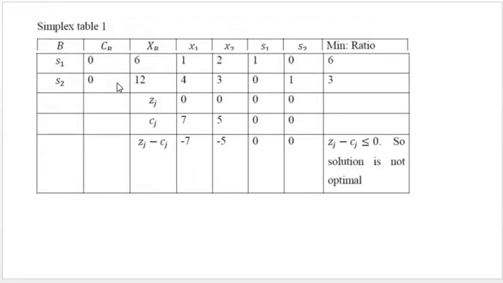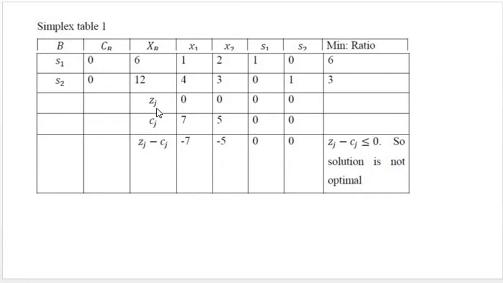Then construct simplex table 1 and enter the values and variables. The basic variables are s1, s2, the costs associated with s1 and s2 are equal to 0, and the initial solution in XB is 6 and 12. Corresponding to the constraints in the LPP, enter the coefficients of the variables in these columns.